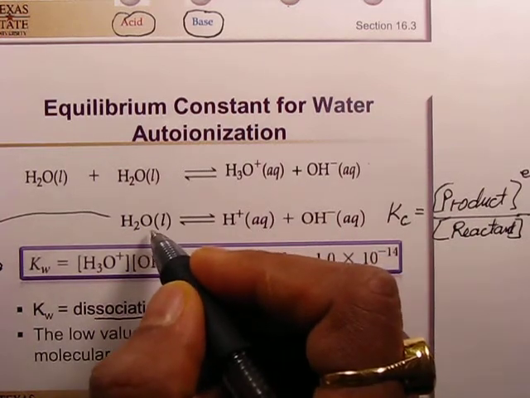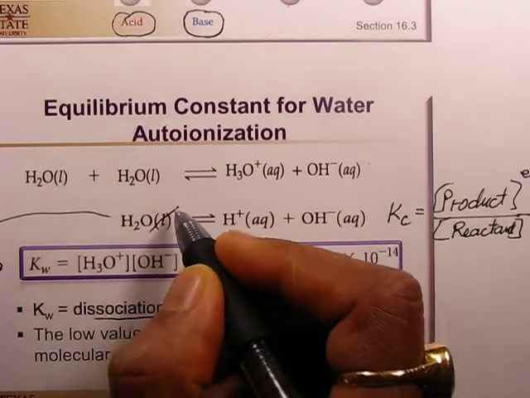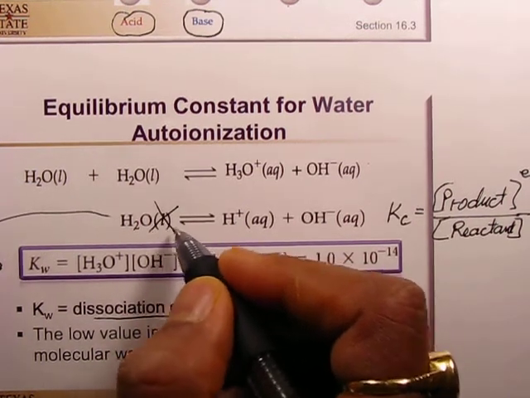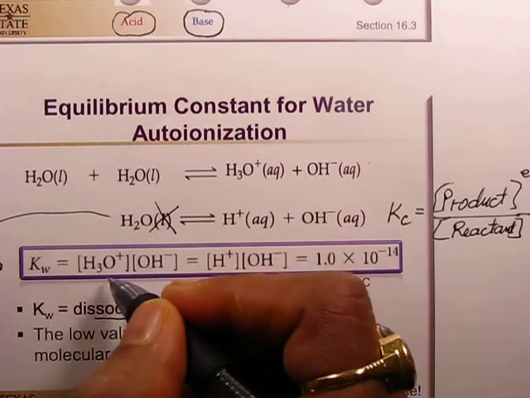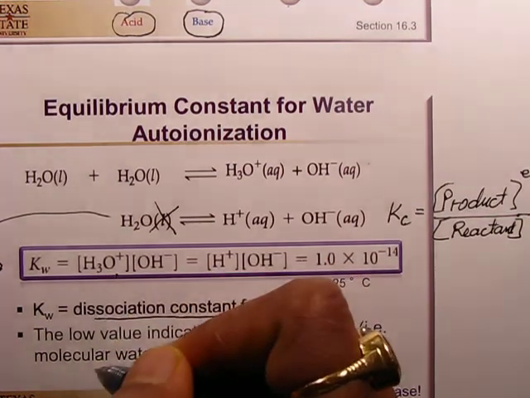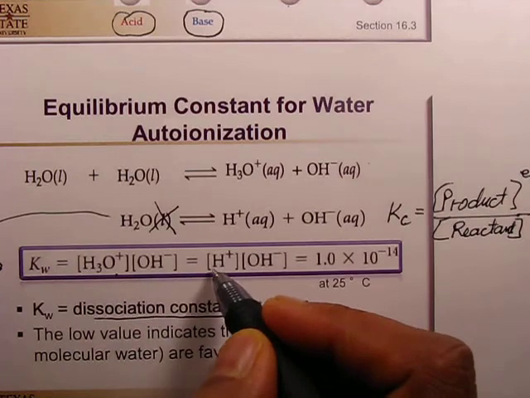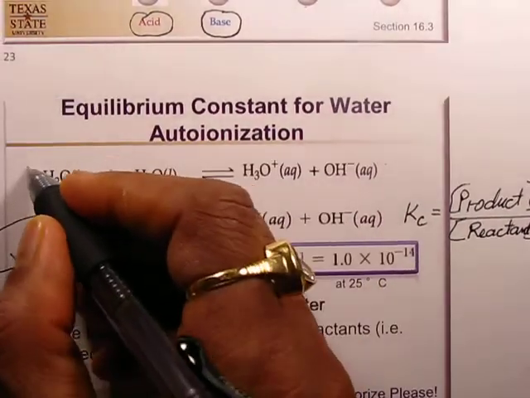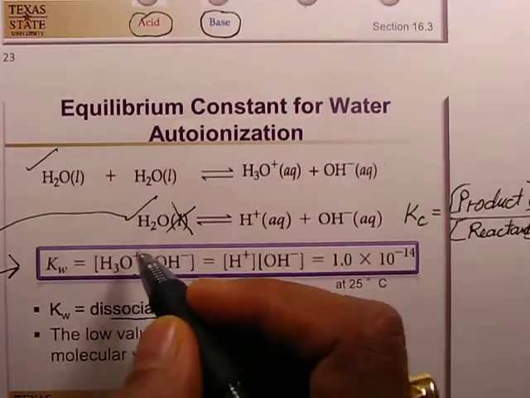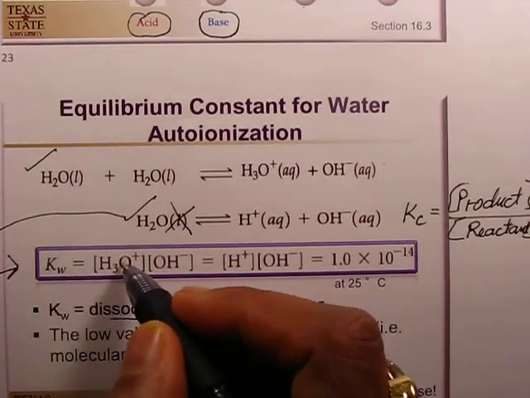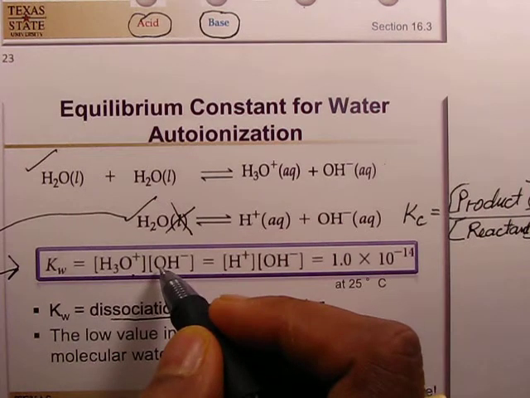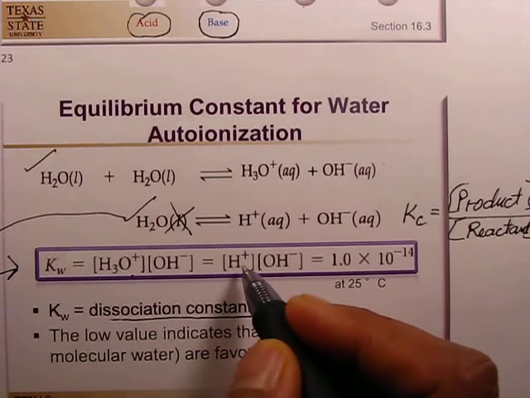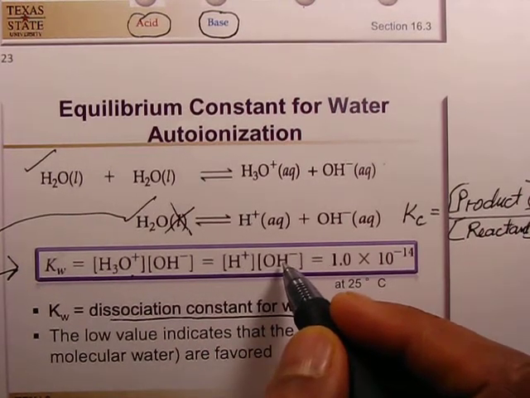Since this is a heterogeneous reaction, you can see this water molecule is written as (l), pure solvent, so it will not participate in the equilibrium constant expression, that is why we are not writing divided by water. So either you can use this reaction or we can use this reaction. We can write Kw as hydronium ion and OH- ion, or hydrogen ion and hydroxyl ion.